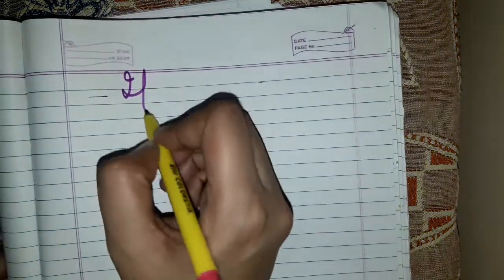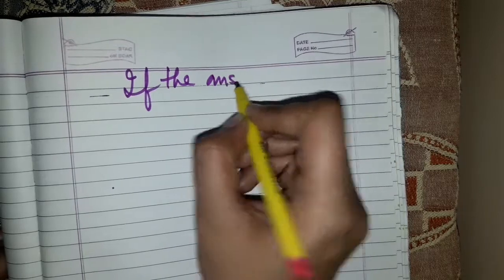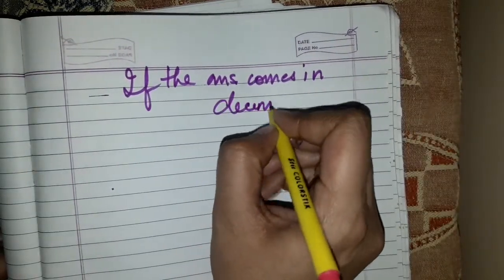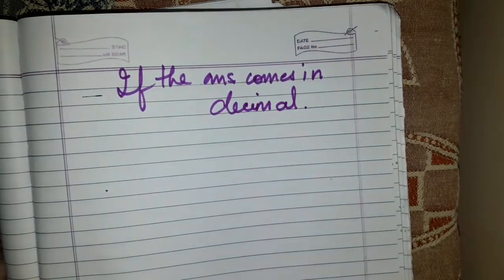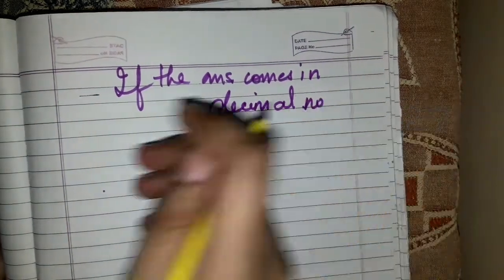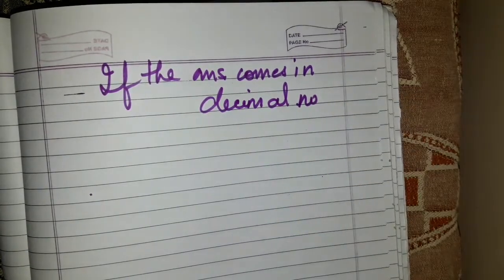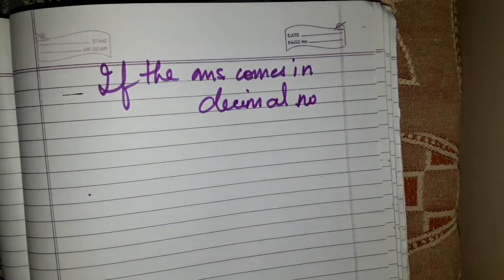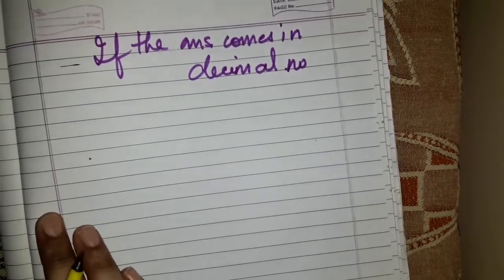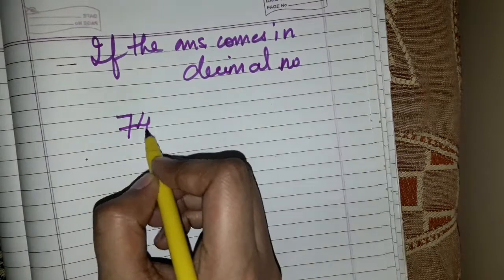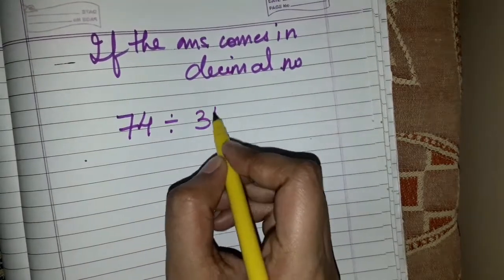Now, if the answer comes in decimal, in this case what will you do? Let me take a case of 74 divided by 34.